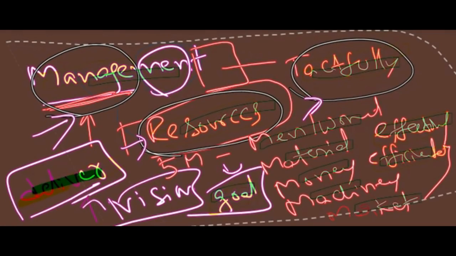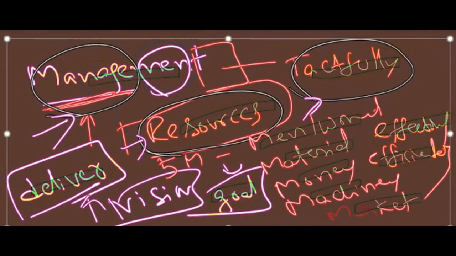Now let us look at what is strategy, right? So what is strategy? Strategy means it is a kind of plan of action, some kind of action plan.